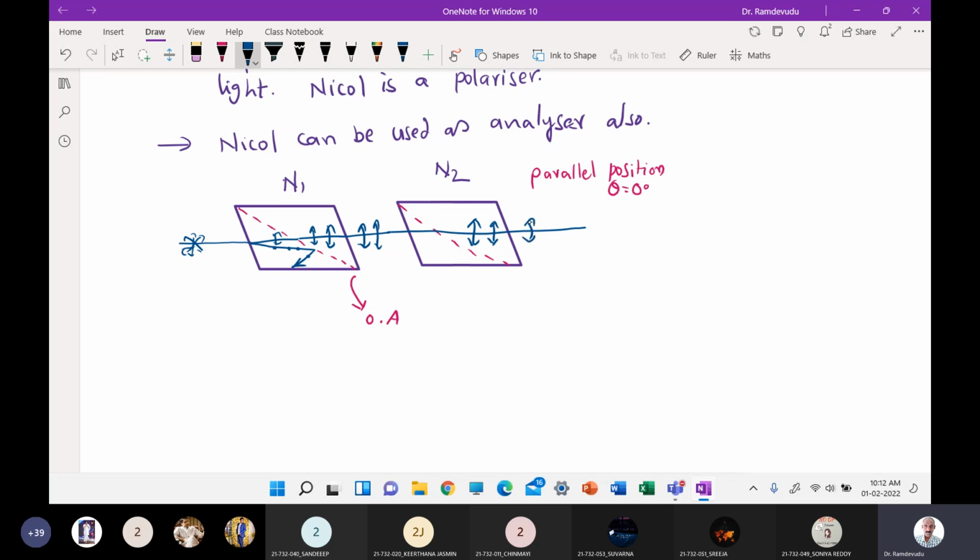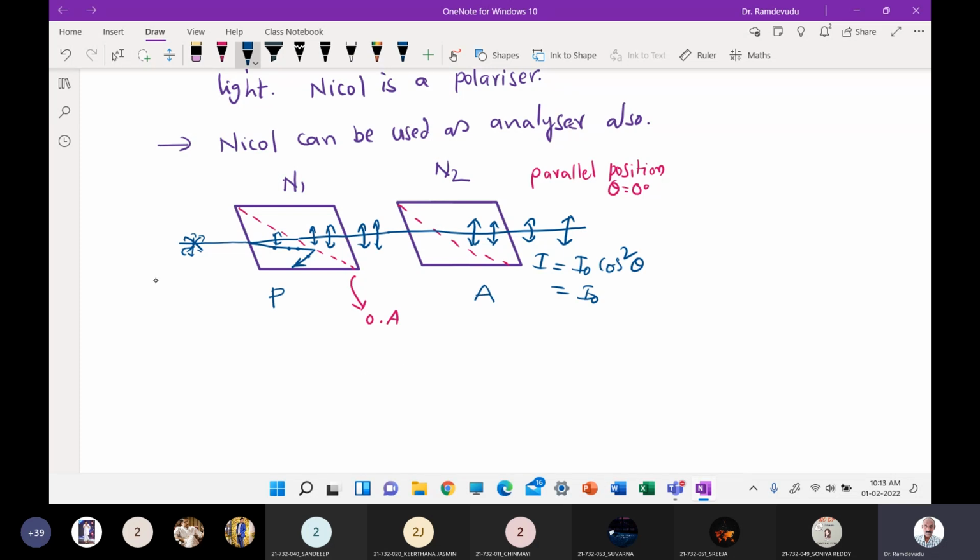Since the E ray has vibrations parallel to the optic axis, I equals I naught cos square theta, and theta is equal to 0. Therefore, I get I equal to I naught, light is passed. Hence, the second Nicol is making us see whether the light coming out of the first Nicol to the second Nicol has certain intensity or not. So we call this the polarizer P and this the analyzer A.